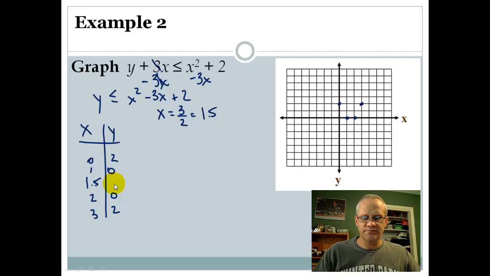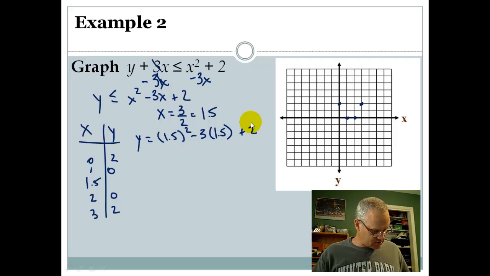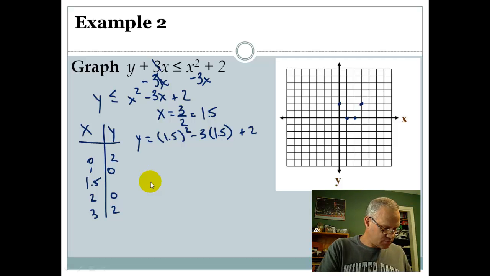So let's just find that y point real quick here. All you have to do is plug 1.5 into this equation to find out what y will be. So it's just going to be y equals 1.5 squared minus 3 times 1.5 plus 2. You might want to use your calculator here. I'm going to do 1.5 squared minus 3 times 1.5 plus 2.